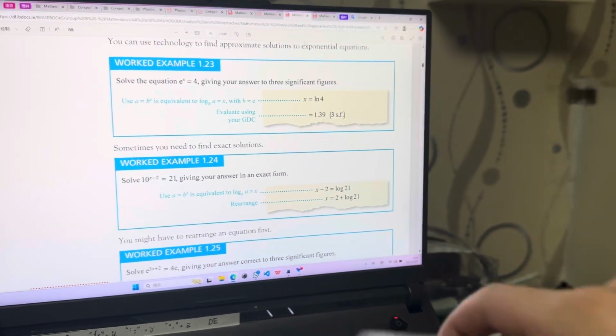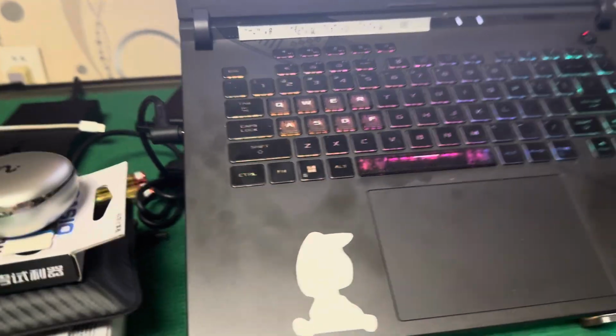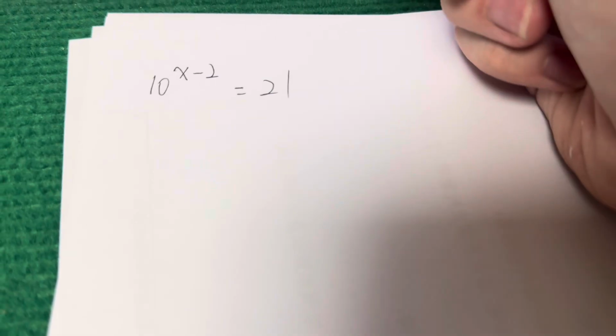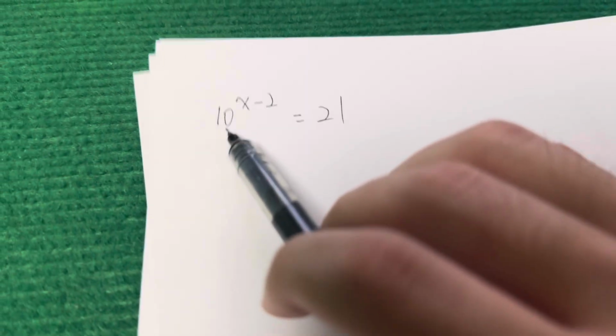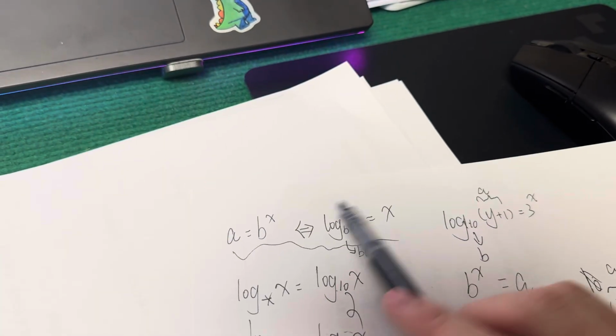Okay, then let's use this to solve this. So 10 to the power of x minus 2 is equal to 21. According to the rule here, but this time we have to change this form to this form.